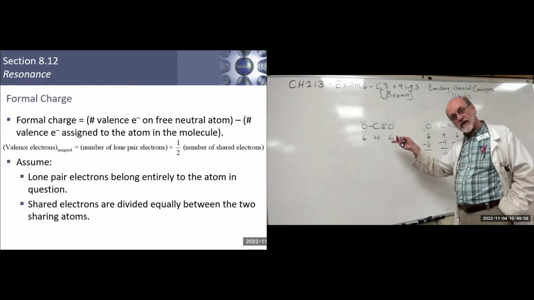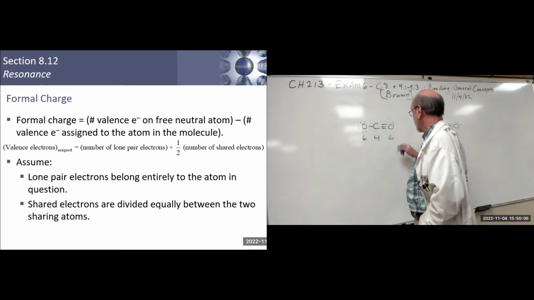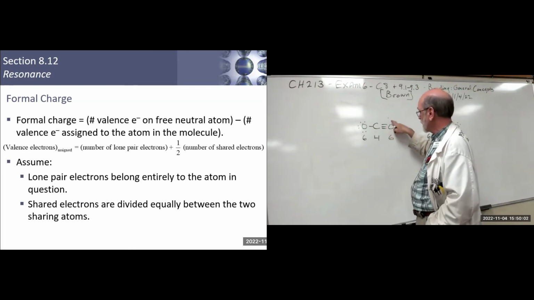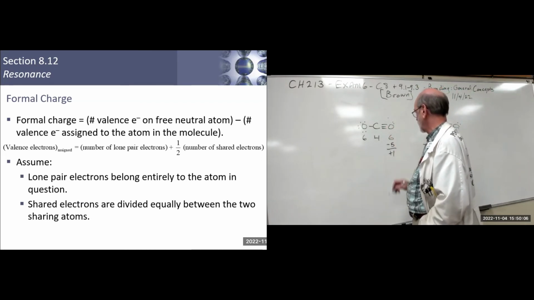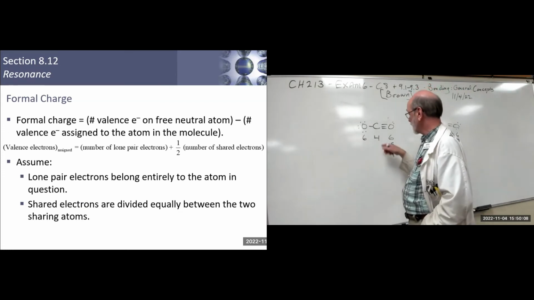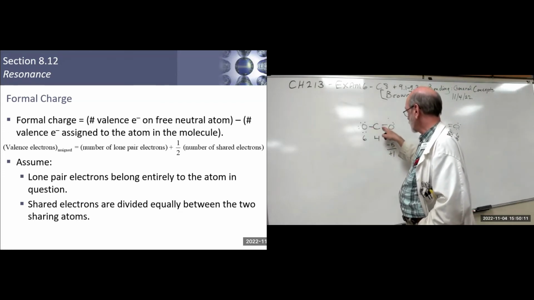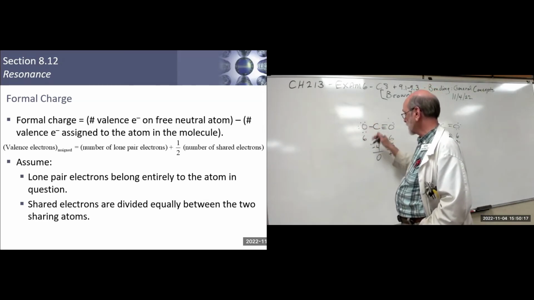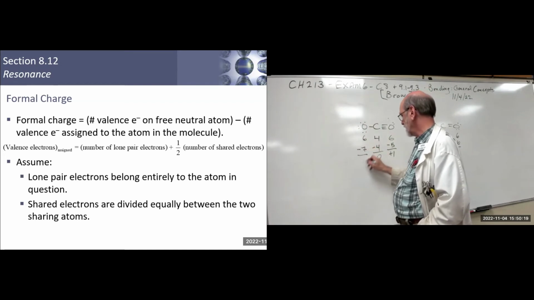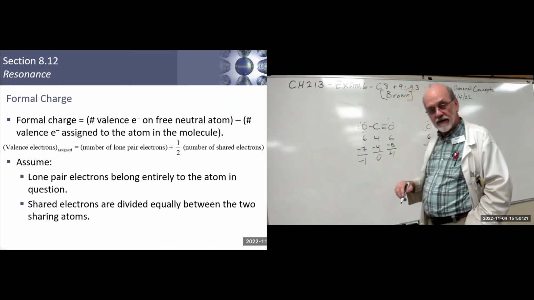What would it look like on the other molecule? Well, this one has 1, 2, 3, 4, 5. Minus 5, which is plus 1. And this one has 1, 2, 3, 4. Minus 4, this one's 0. This one has 1, 2, 3, 4, 5, 6, 7. Minus 7. Minus 1 formal charge.